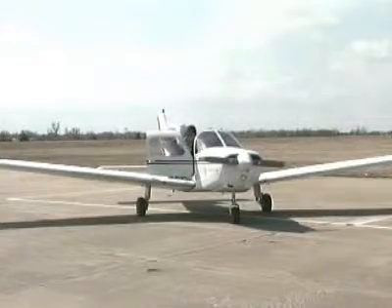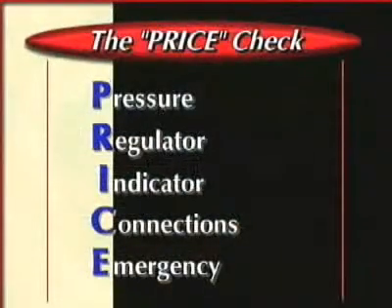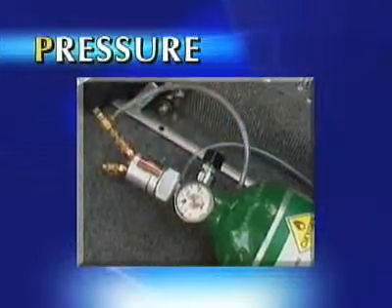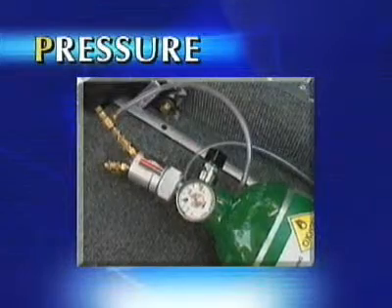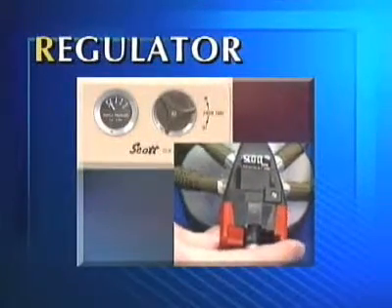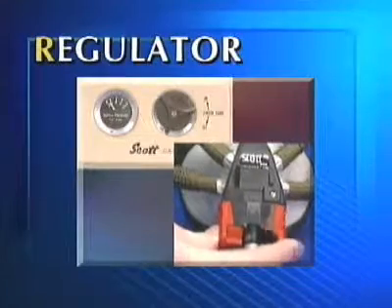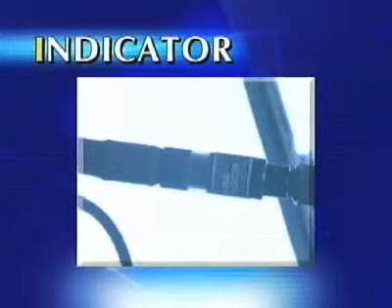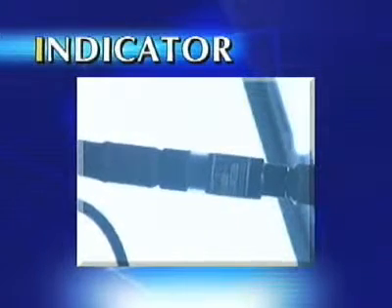Prior to every flight, the pilot should perform the PRICE check. Pressure: ensure there is enough oxygen pressure and quantity to complete the flight. Regulator: inspect the oxygen regulator for proper function. Indicator: check the oxygen flow indicator to assure that there is a steady flow.